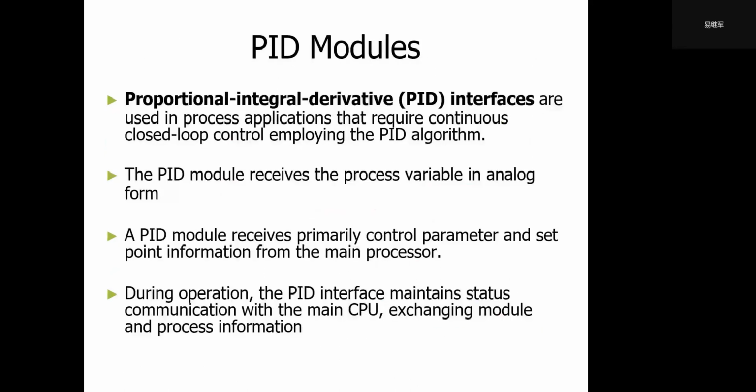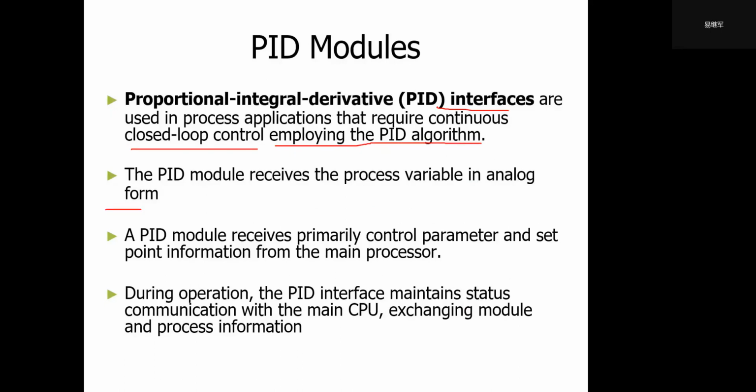PID module. Proportional integral derivative (PID) interfaces are used in process applications that require continuous closed loop control employing the PID algorithm. The PID module receives the process variable in analog form.